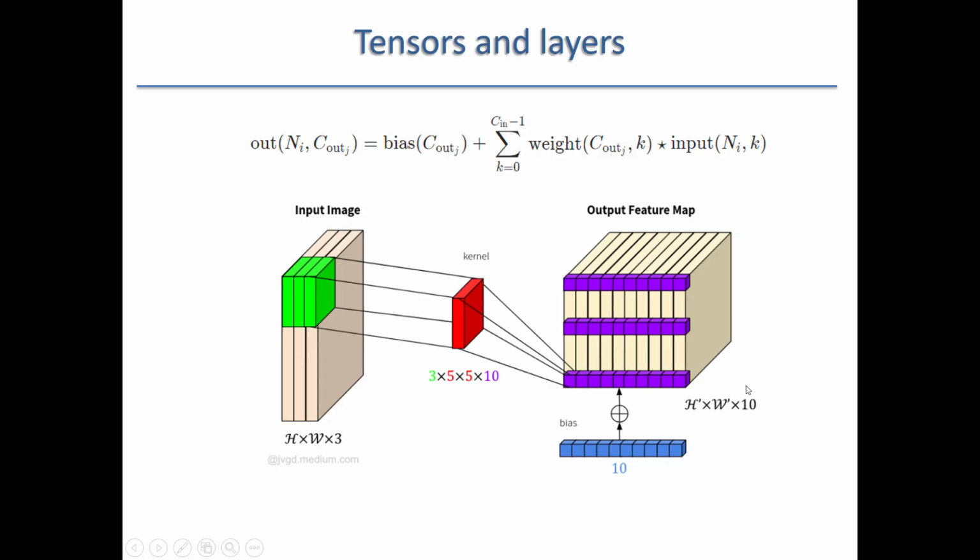And then what are the sizes of the bias? So for instance, this output here will have this number of batches, then number of channels out, and the size of the channels out is defined somehow by the size of these inputs.